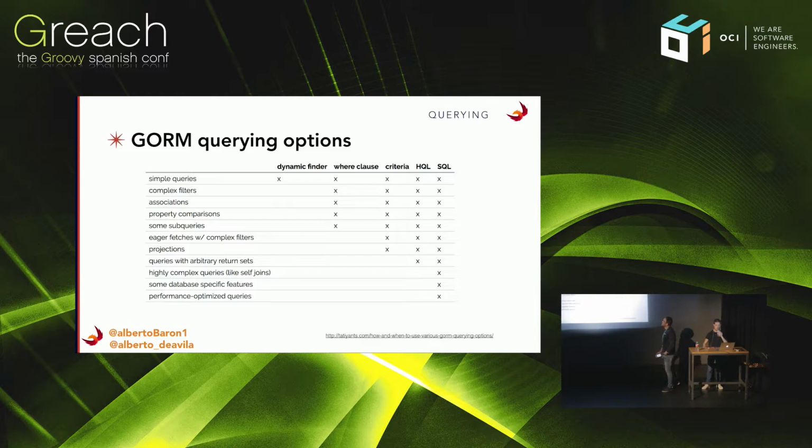The first one is dynamic finders, where GORM provides us on-the-fly methods that allow us to do simple queries. To do more sophisticated queries, we can use where clauses. For projections and restrictions, we can use criteria. And finally, we can use HQL and SQL to do queries such as in databases.